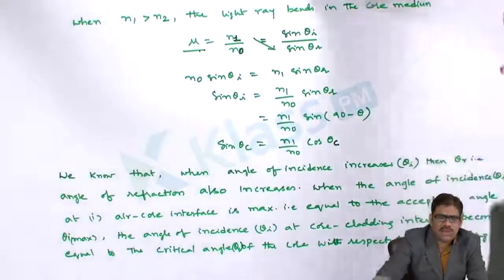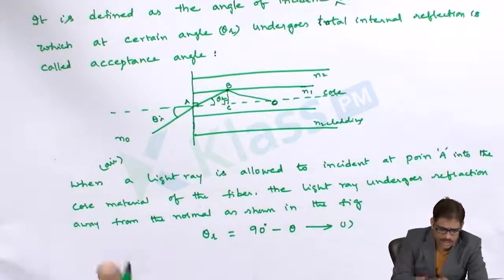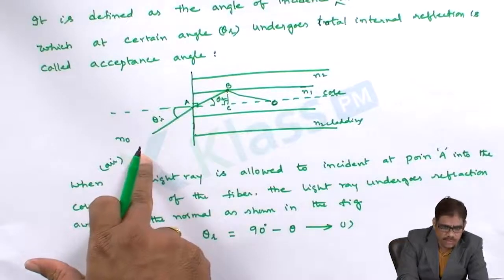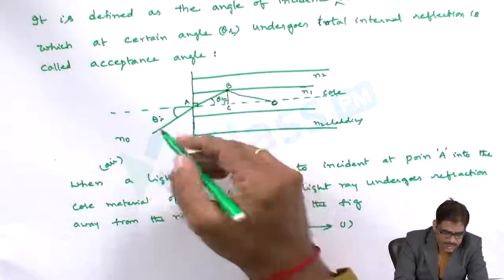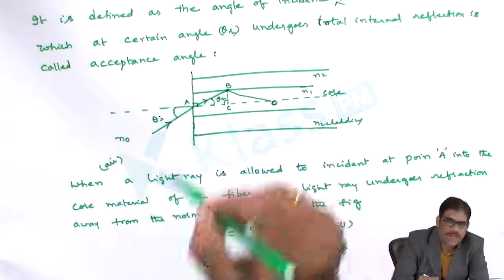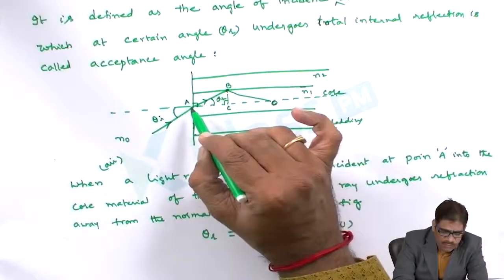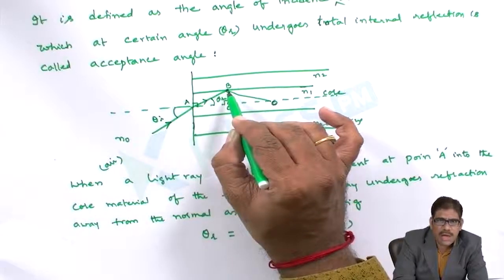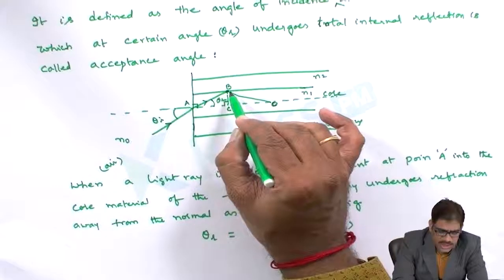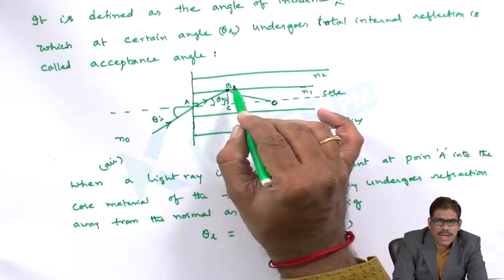In the first case, when the light ray moves from the air medium into the core medium, this is taken as the incidence angle, and this is the refracted angle, which we call theta r. Before it undergoes total internal reflection, it meets the surface separating the core and cladding medium.